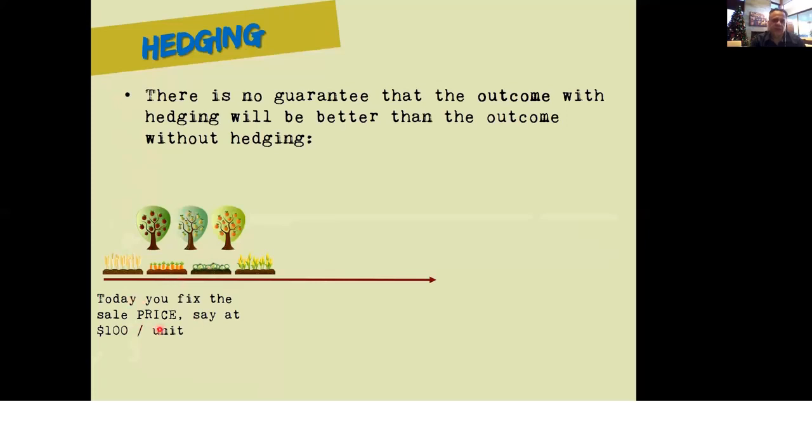So let's say that you want to sleep well and not be worried about the future international price. So today you fix the price at 100. It means that today you enter into a contract, and at time T, at the expiration, you will get 100. It doesn't matter what the price is at that time, you will get 100.